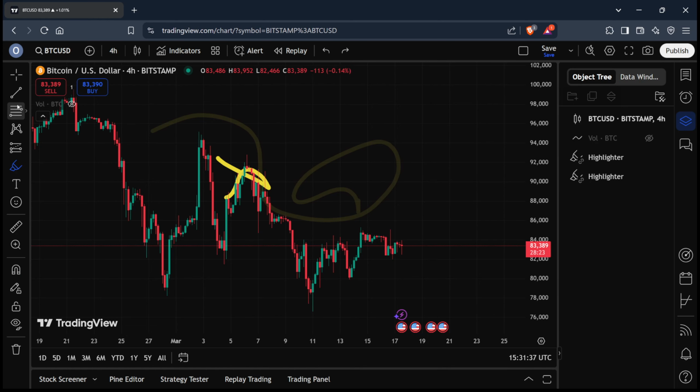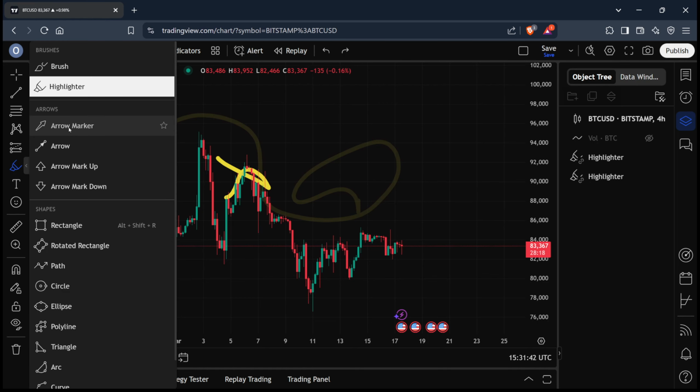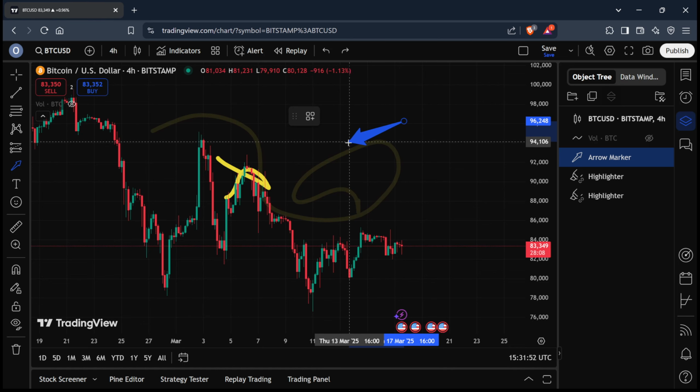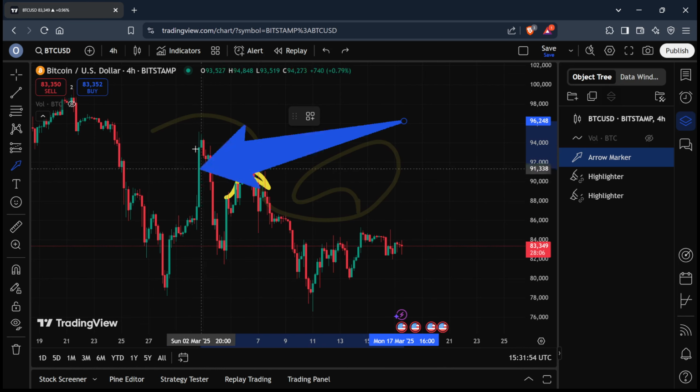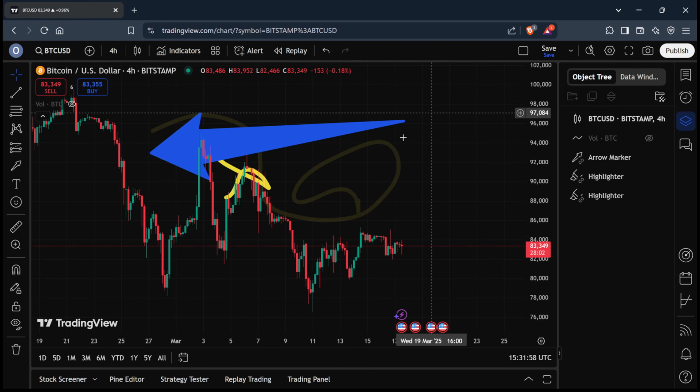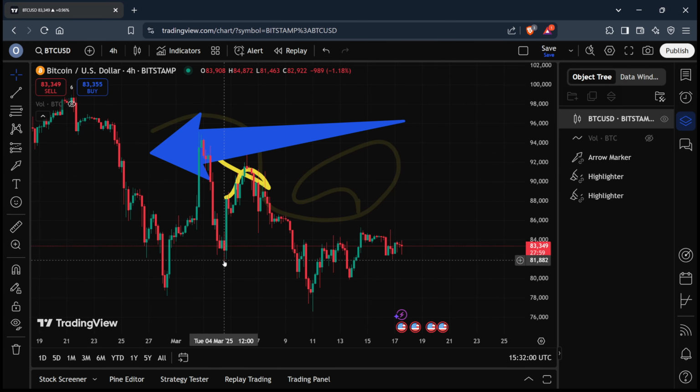So let's just click over here. There's also shapes you can draw. Now that I have the arrow marker selected, I press and hold down left click on my mouse and I drag it and it'll draw this big arrow. And then I click again and it'll put that arrow wherever I leave it. So let's say I want to draw a line going from here up to here, or draw this big ridiculous arrow.